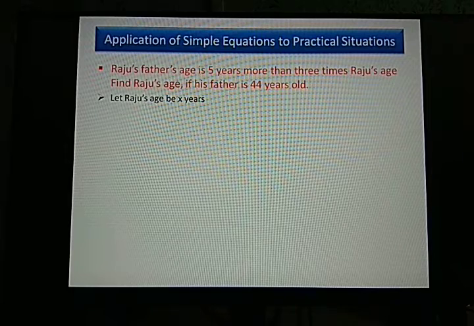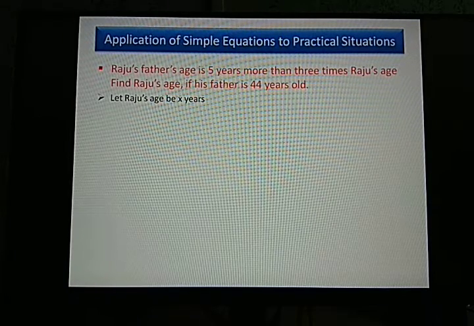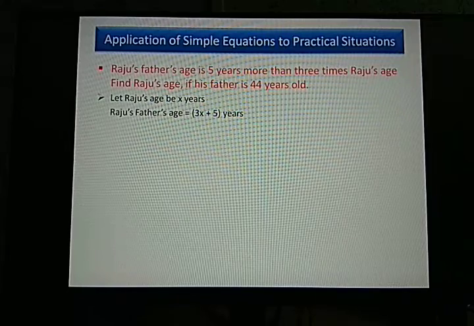Now again it is given that 3 times of Raju's age, and if we add 5 more years to it, it will be equal to Raju's father's age. And Raju's father's age is also given to us, that is at present his father's age is 44 years old. So if we write Raju's father's age in terms of Raju's age, then it will be like this: 3x plus 5 years.